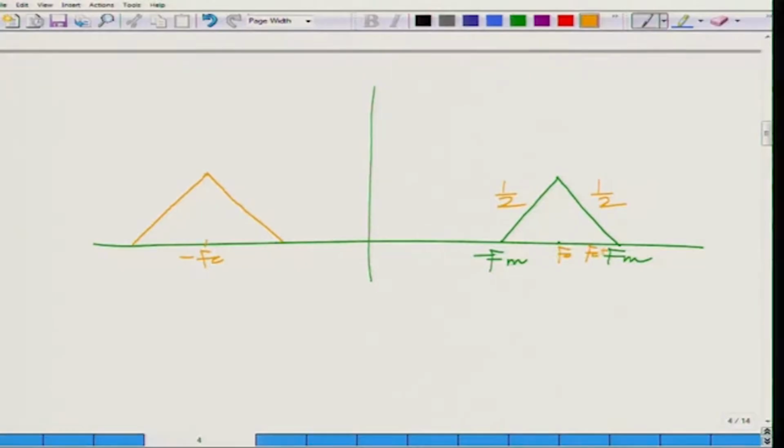So, this is f_c plus f_m, f_c minus f_m, minus f_c plus f_m, minus f_c minus f_m, and again each of these bands is scaled by half. The right side is your M(f minus f_c), the left side is your M(f plus f_c). We have already seen this, correct.